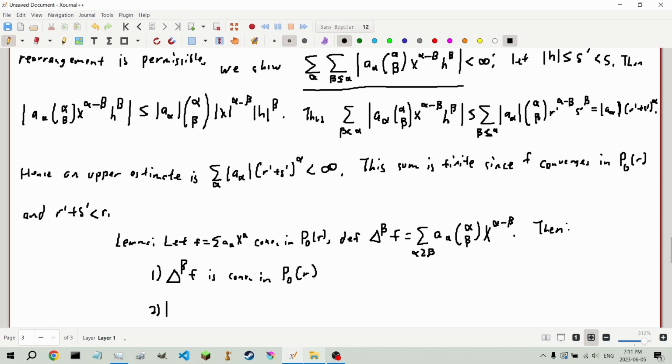Number 2, for x in the open polydisk of radius r, the series summing over beta of delta to the beta of f at x times h^beta converges in the open polydisk of radius r minus the size of x.